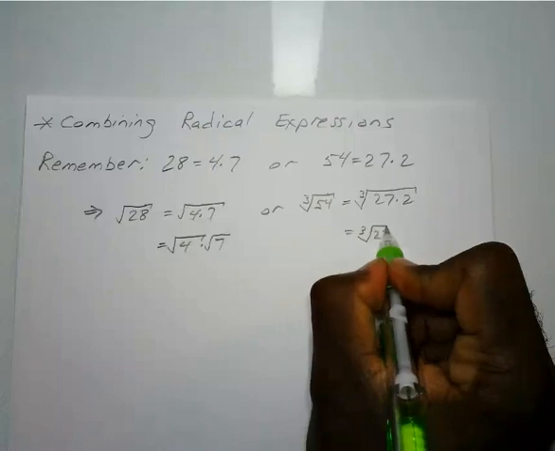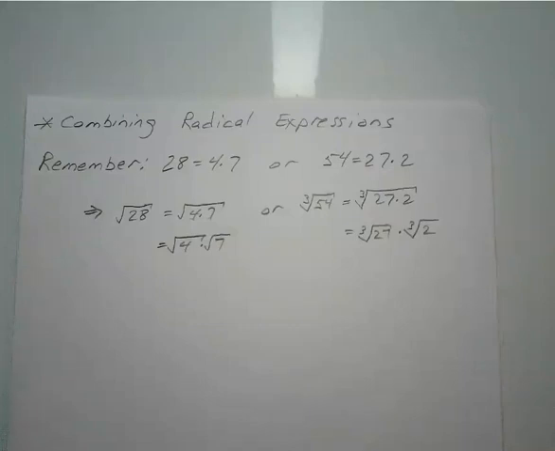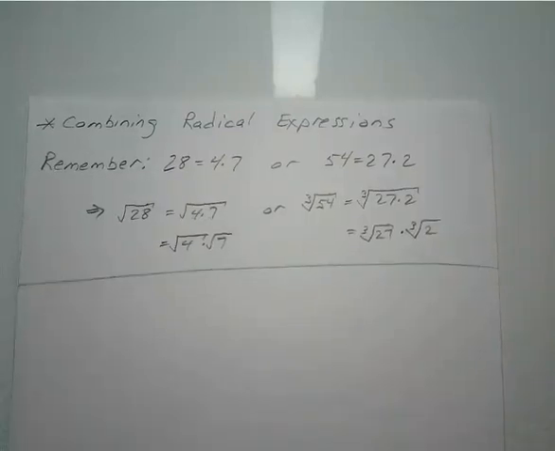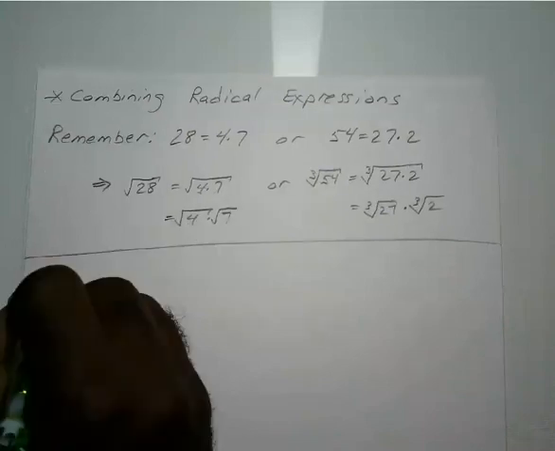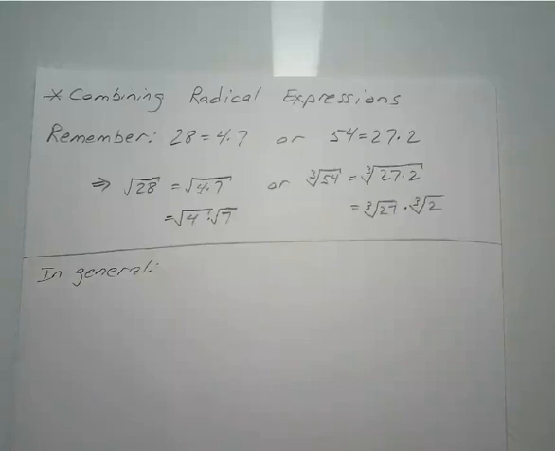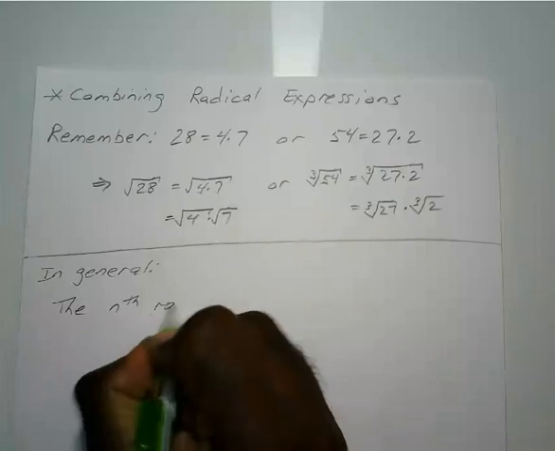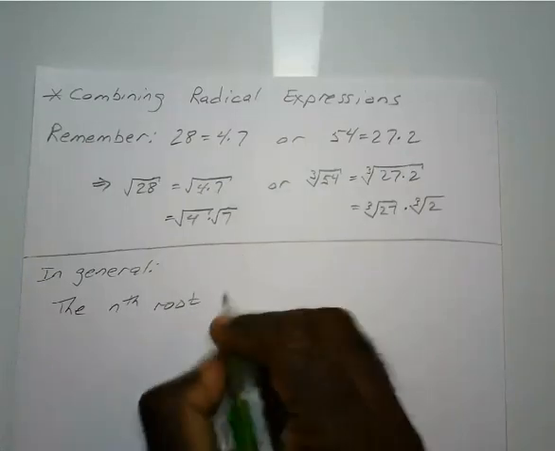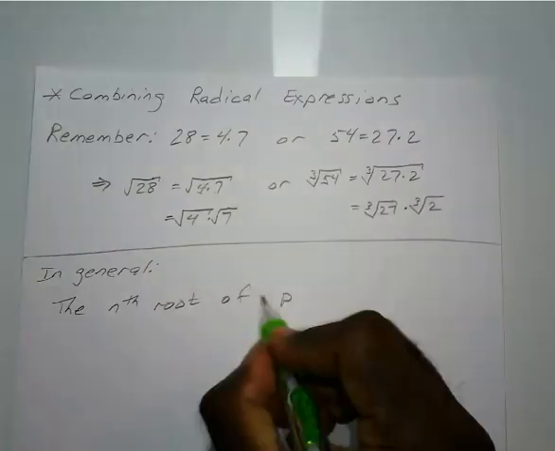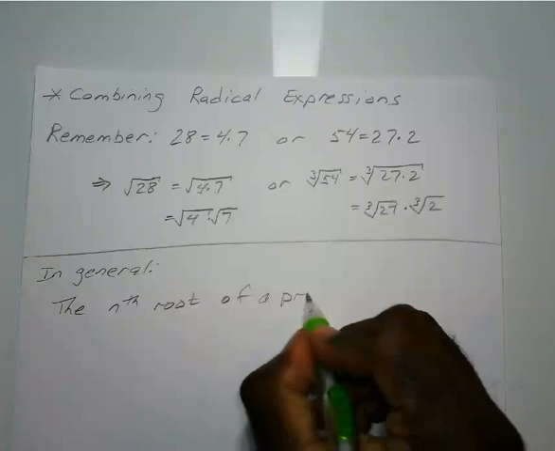Okay, which brings us to our general idea. So in general, the nth root of a product of two numbers is equal to the product of their nth root.